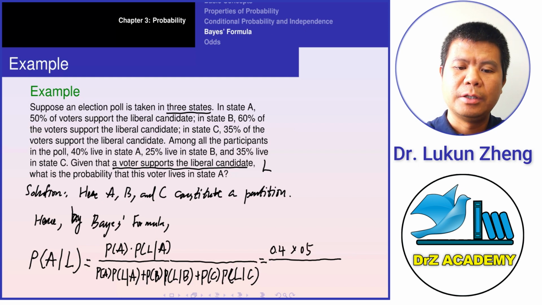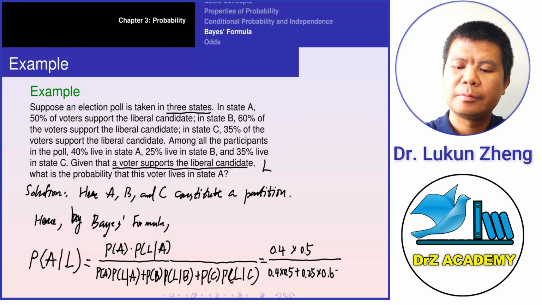Right, so that's the conditional probability. Now here is again 0.4 times 0.5 plus B. So 25% lives in state B, 0.25. Then in state B, 60%, so that's 0.6.